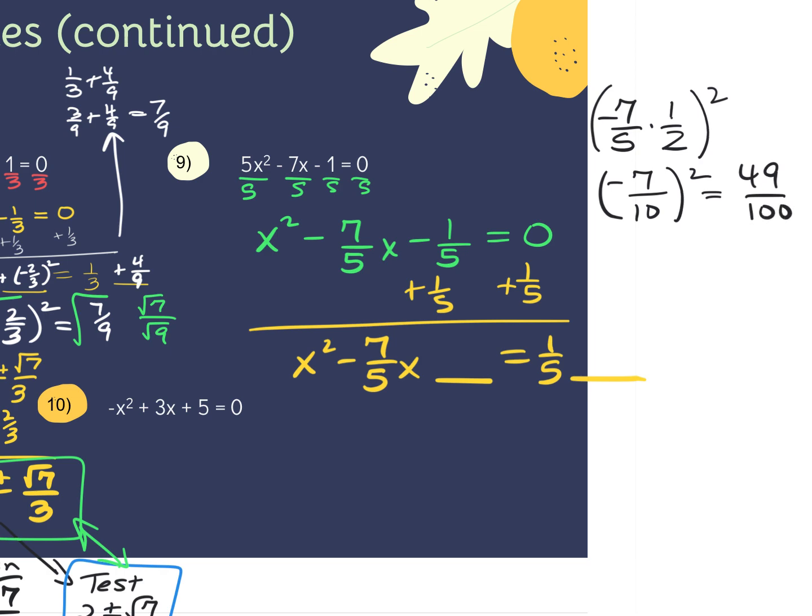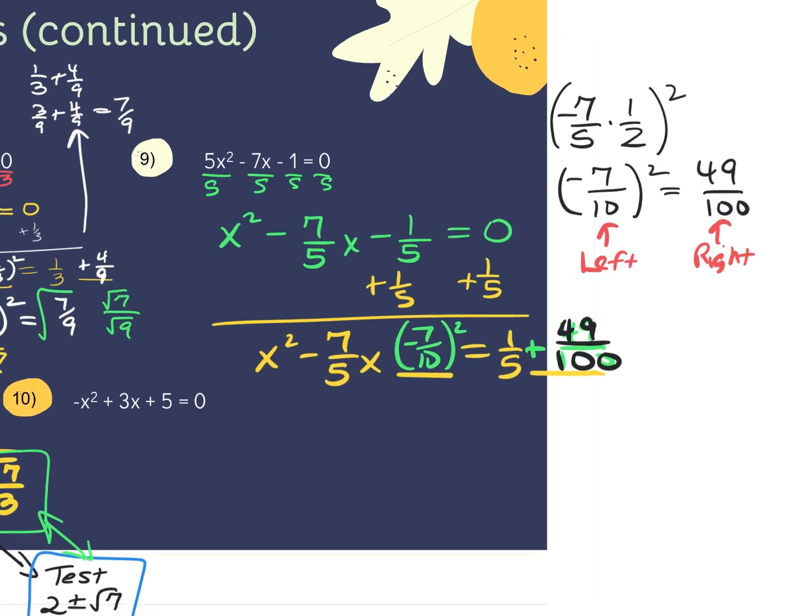So this is what's going on the left side in that blank space, and this is what I put on the right side. So in here, I'll put the negative 7/10 squared, and over here, I'm going to put the 49 over 100. Let me do that so it shows up better.